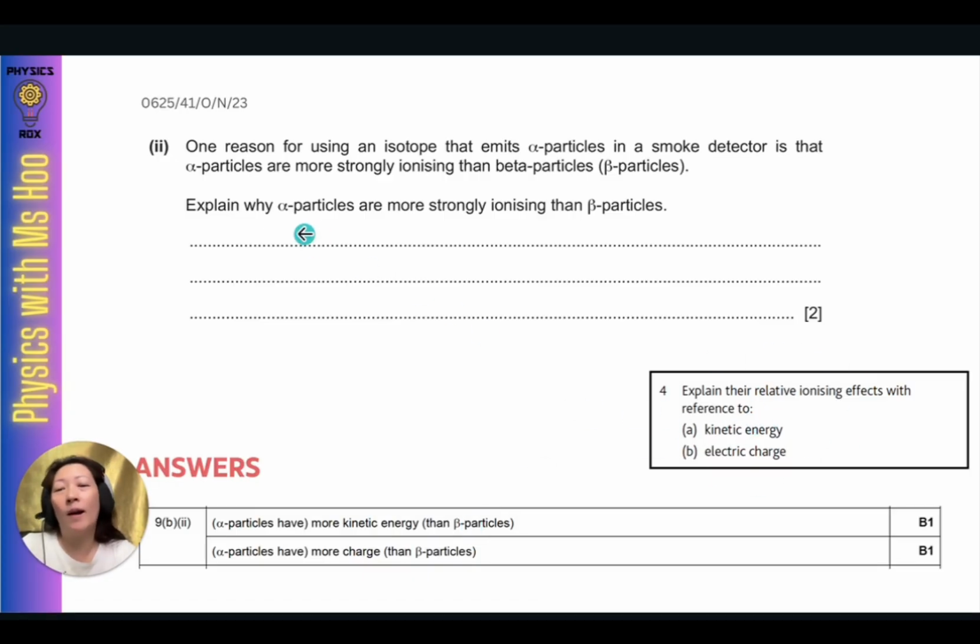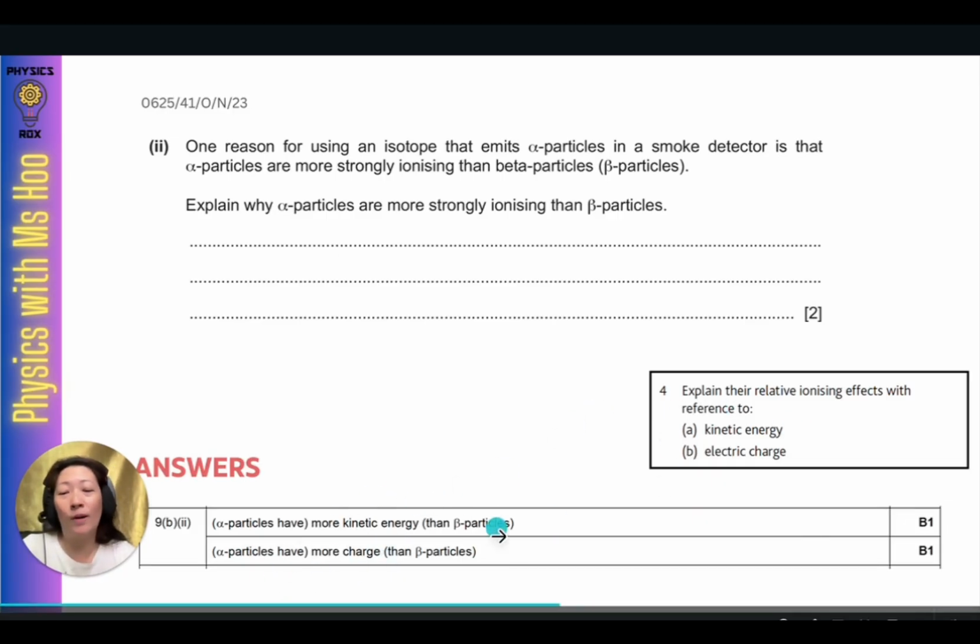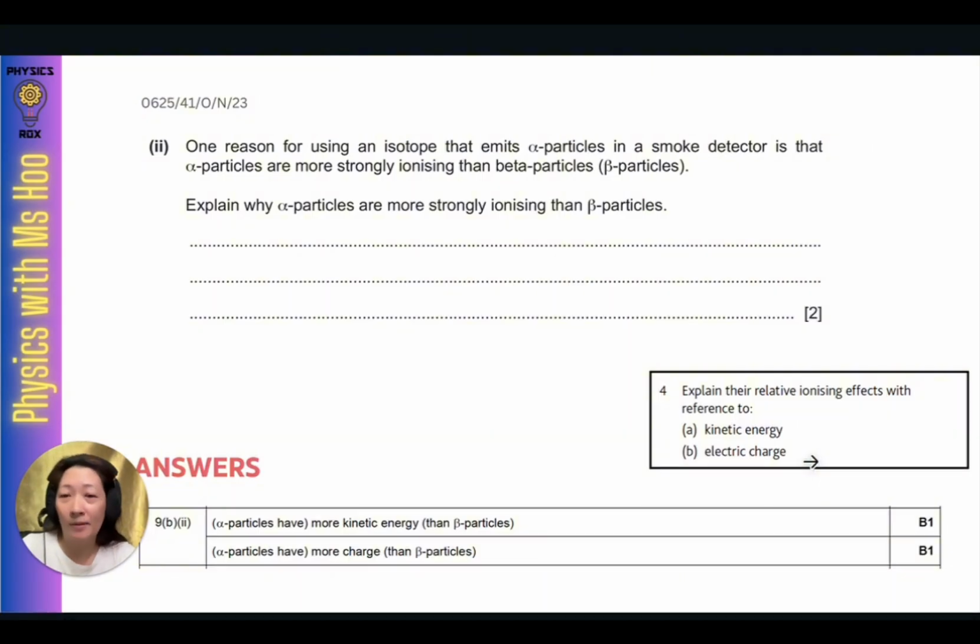So to explain why alpha particles are more strongly ionizing than beta particles, you need to talk about the relative ionizing effects with reference to the kinetic energy as well as the electric charge. So all other explanations, even though they may be true in real life, will not be accepted because that's not what is stated in the syllabus guide.